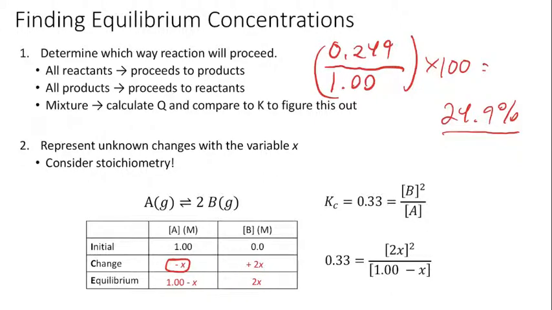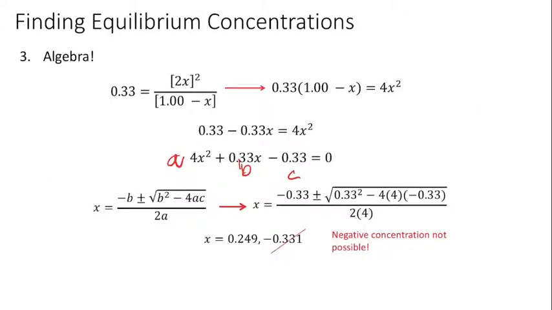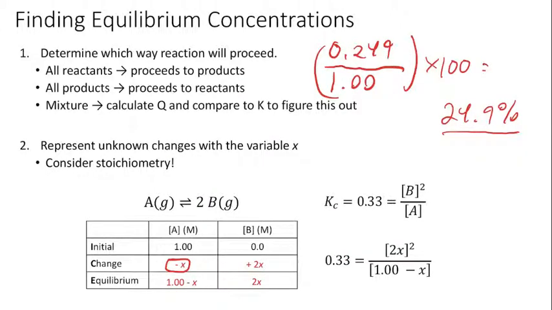A good estimation of when you can ignore that x for the reactant can be found by taking the initial concentration, 1.00 in our case, and dividing it by the value of K. In our case, that comes out to be 3.03.